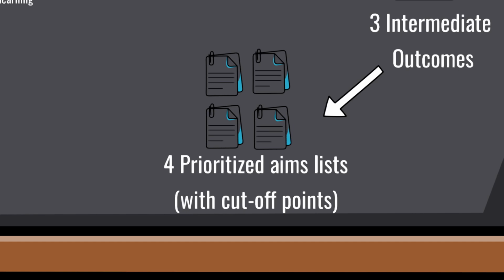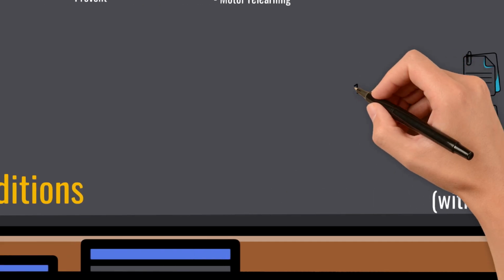Once each of those lists are ordered in terms of most to least important, the students can also add a cutoff point, which is a line in the aims list where anything below the line are client factors, performance skills, or categories of occupation aims that are not needed in order to achieve the intermediate outcome. So they're still important in order to achieve the long-term outcome down the road, but just for the period of fieldwork, they're not aims that they'll be working on.